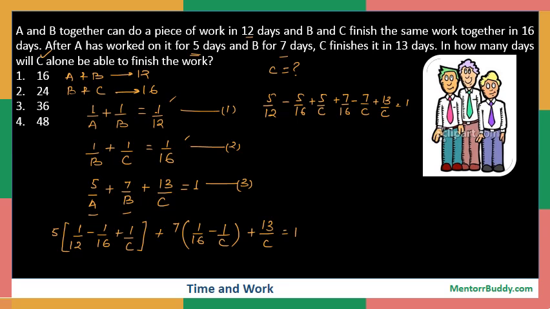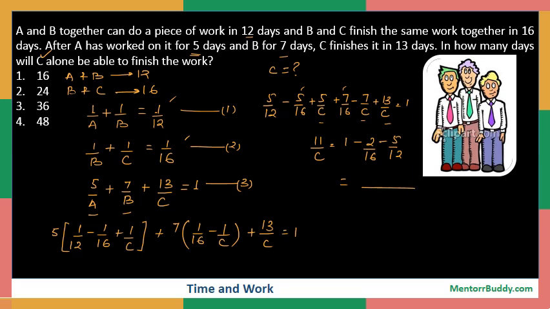Taking the terms having C on one side, I can say 5 by C minus 7 by C plus 13 by C, so it becomes 18 minus 7, that is 11 by C, is equal to 1 minus. Similarly, minus 5 by 16 plus 7 by 16 becomes 2 by 16, which on the right hand side becomes minus 2 by 16 and minus 5 by 12.